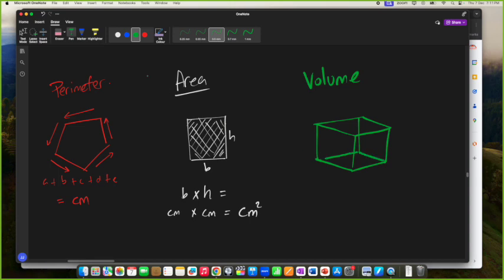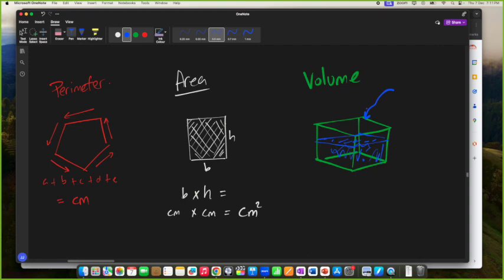Imagine you fill this water tank with water, right? In this case it's not totally filled, but you have water filling up the water tank. How much water will go in this water tank?